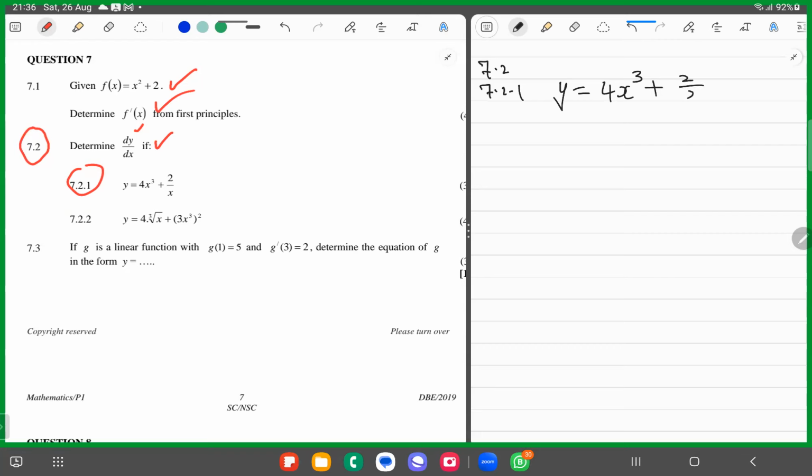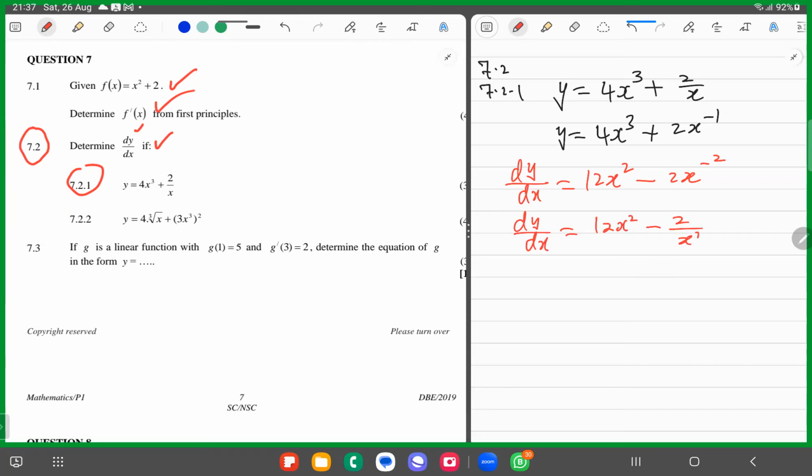So we have this over x, which means y is 4x cubed plus 2x to the minus 1. And then now you can find the derivative of this, which means dy/dx is 12x squared minus 2x to the minus 2. Right, because 3 by 4 is 12, then 3 minus 1 is 2. And then you need to leave your answer with positive indices. So you have 12x squared minus 2 over x squared, and this is the result.